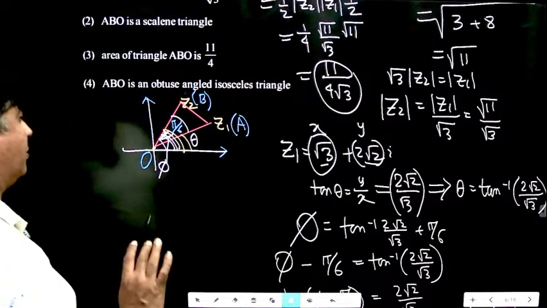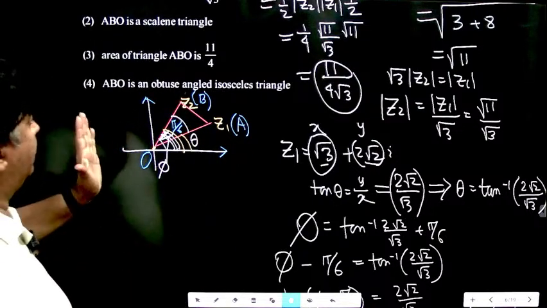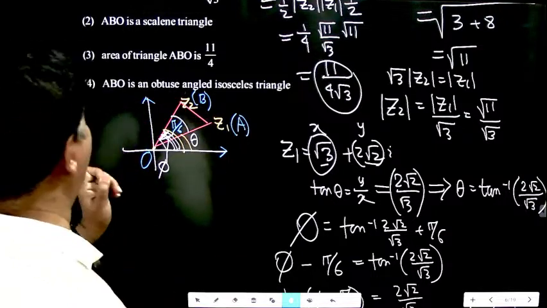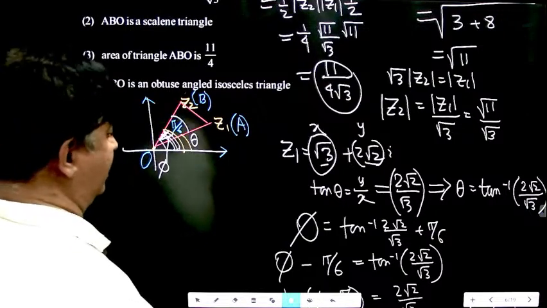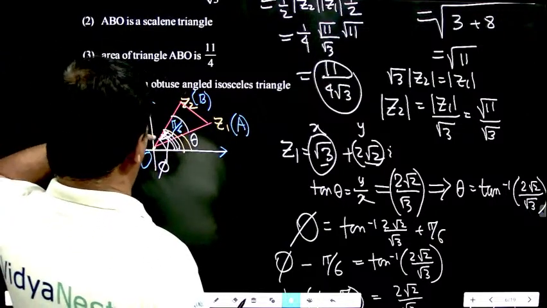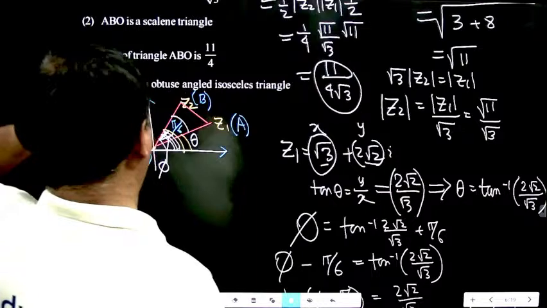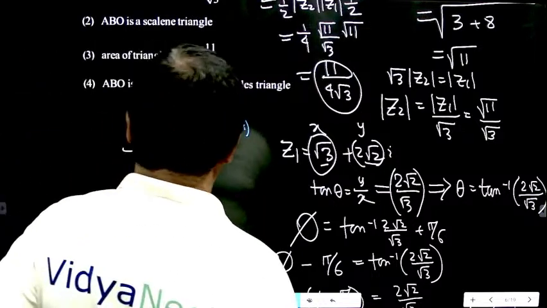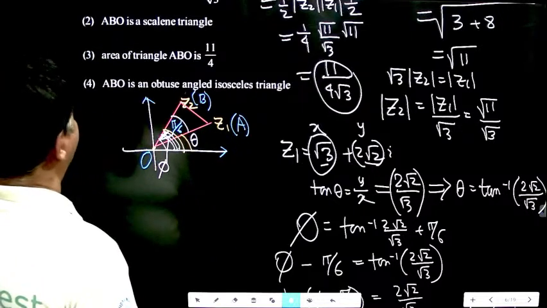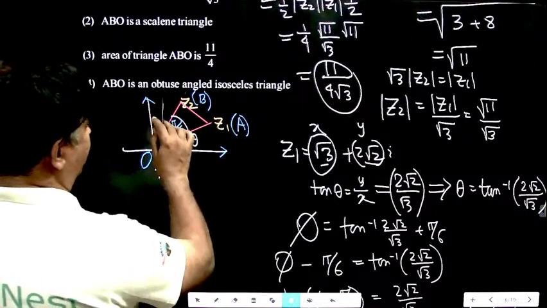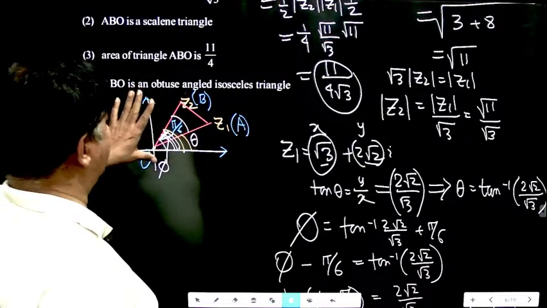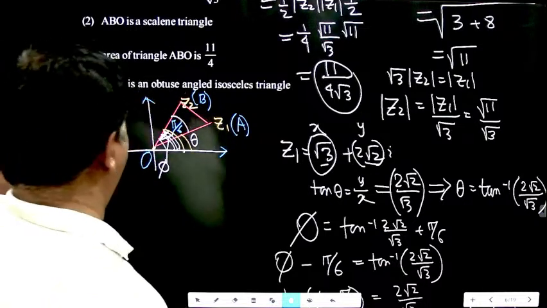Unless you get that, you cannot come to the conclusion of what kind of triangle this is. See, Z2 minus Z1 distance, Z1 we know, but Z2 we don't get.